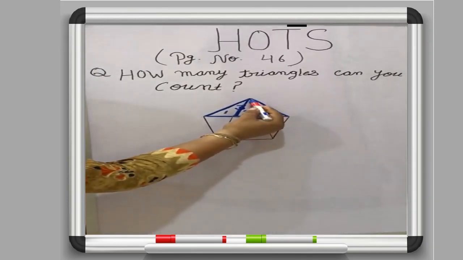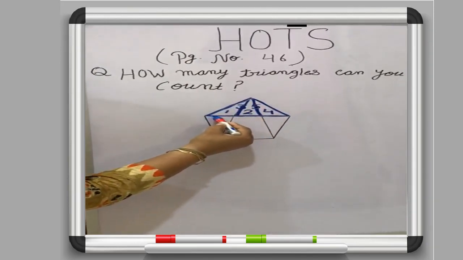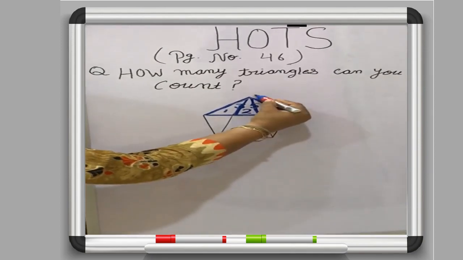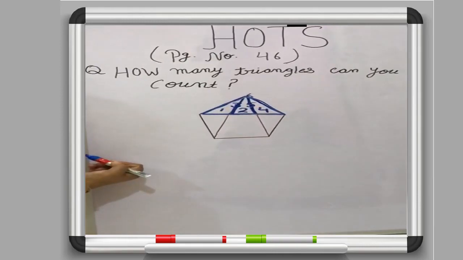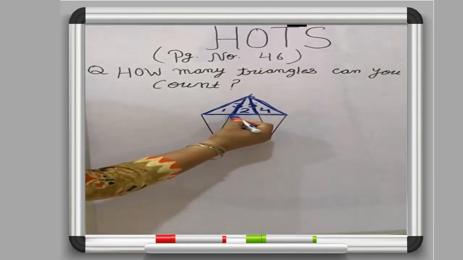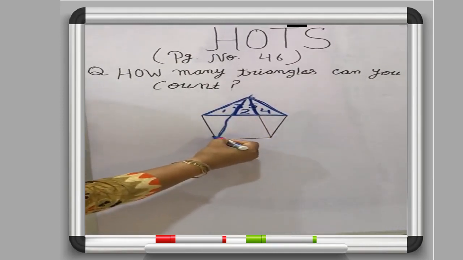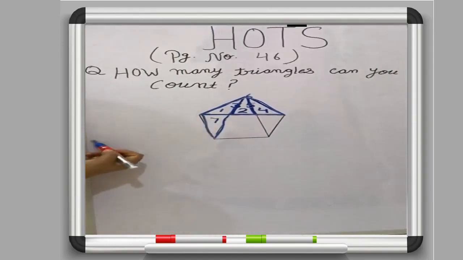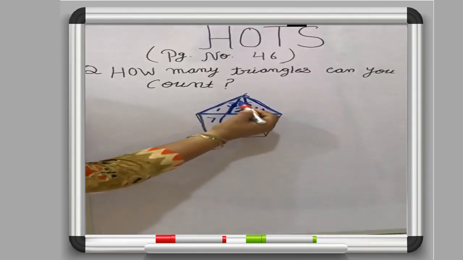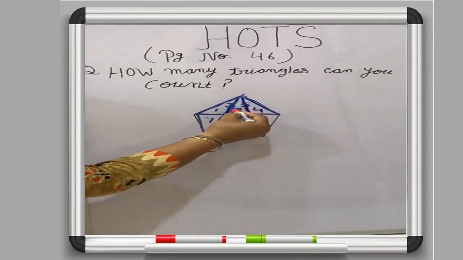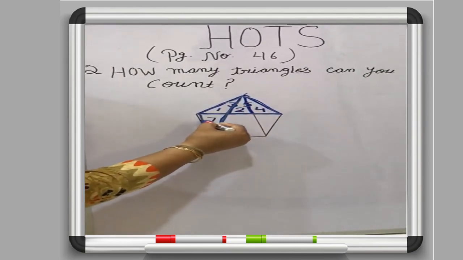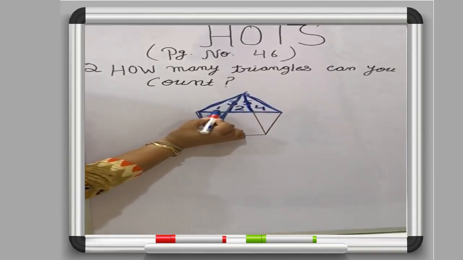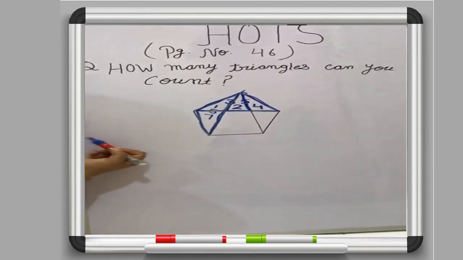And if we count these three lines, then again there is a sixth triangle, number 6. Now this triangle we will count as number 7, and after that this triangle, that is number 8. Clear beta?